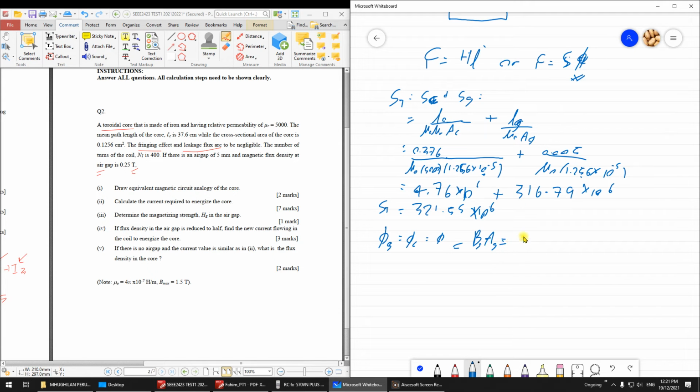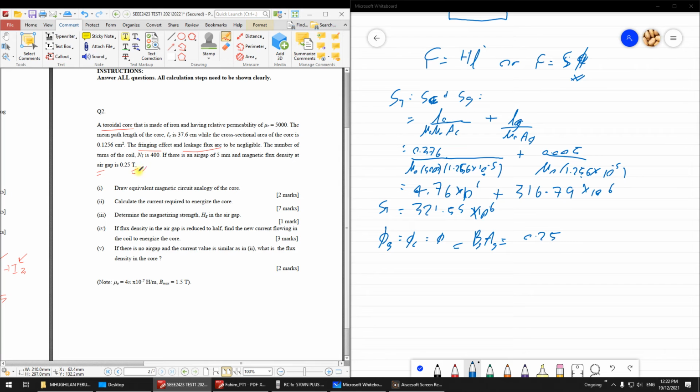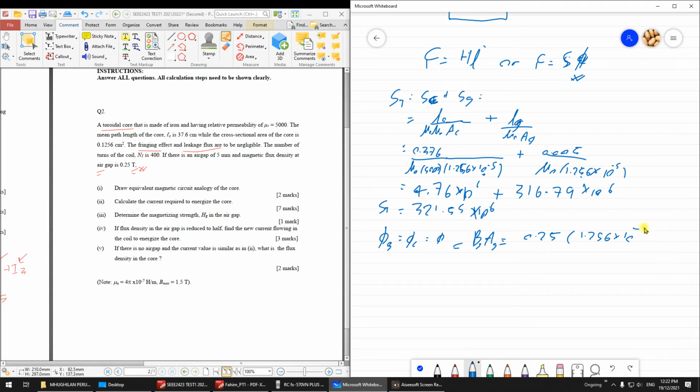B at the gap is 0.25 from here, multiplied by the area, 1.256 multiplied by 10 to the negative 5. So the answer is flux equals 3.14 multiplied by 10 to the negative 6 Weber.